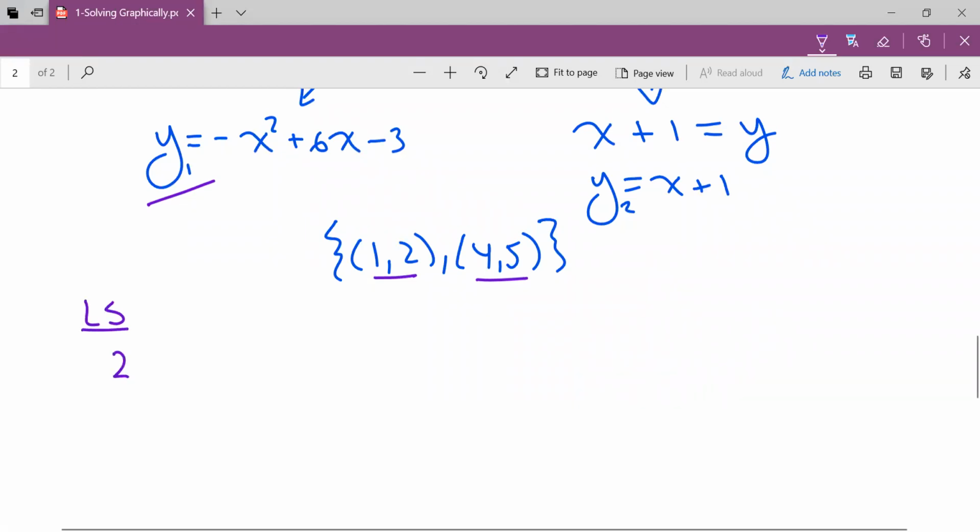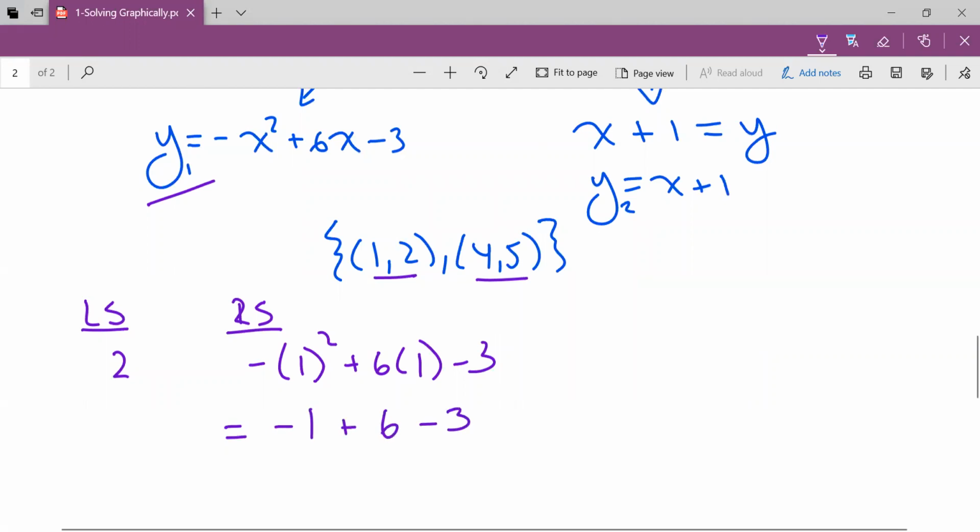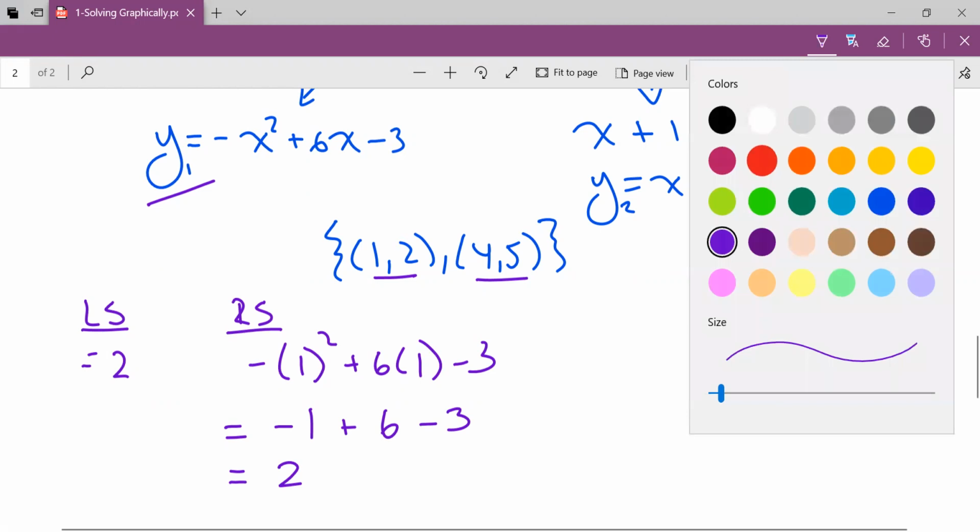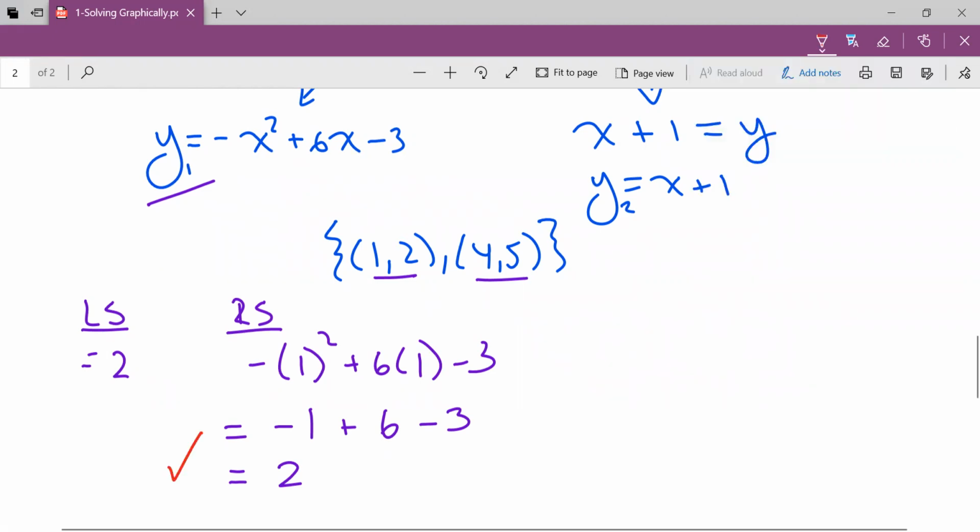Well, I get 2. On the right-hand side, I'm going to sub in 1. So I get 1 squared plus 6 times 1 minus 3, which is negative 1 plus 6 minus 3. And that better equal 2. And it does, because that's what the left-hand side is equal to. So I verified that point.